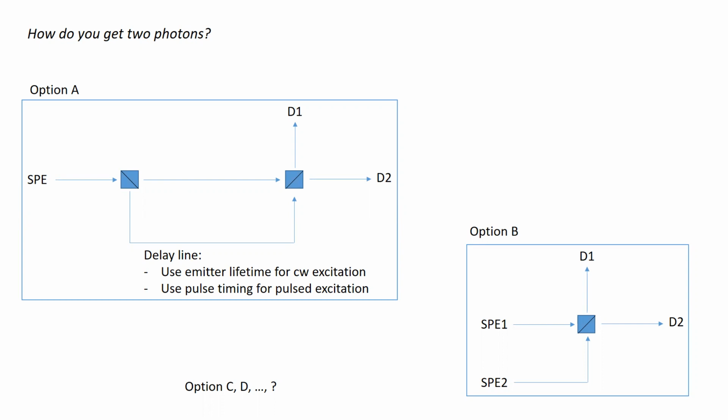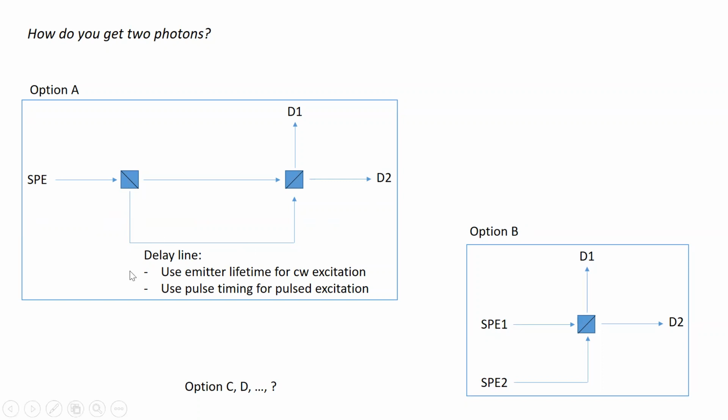So the idea is you have some kind of beam splitter cube or fiber-based beam splitter that takes one path and puts it in 2, and one of the paths is just longer than the other path. If you're using continuous excitation of your emitter, the length of this path can be baselined on the lifetime of your emitter.